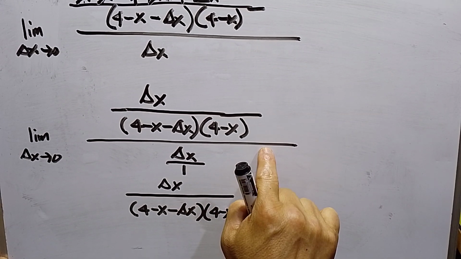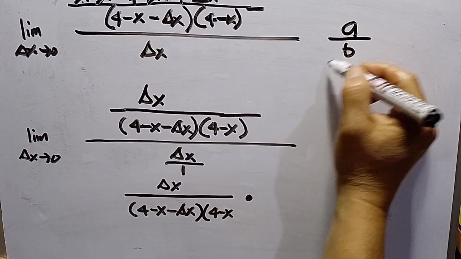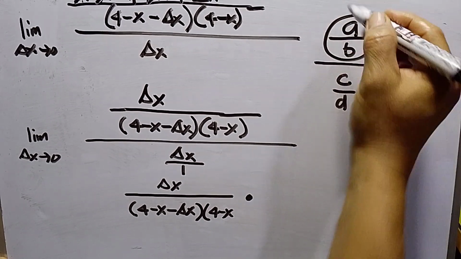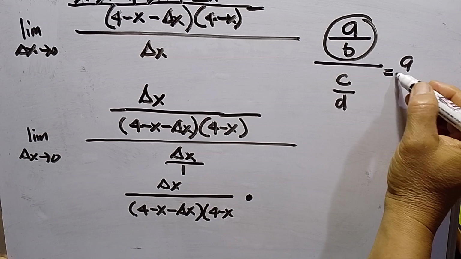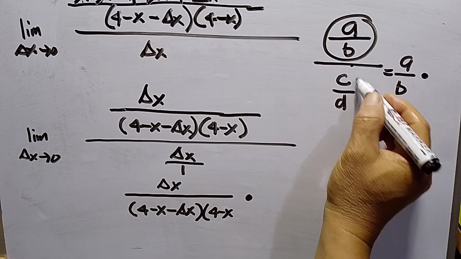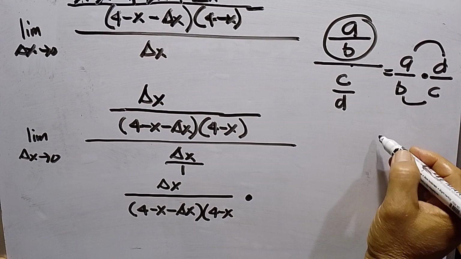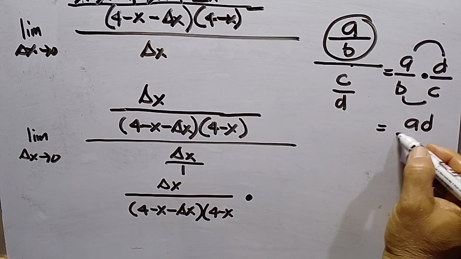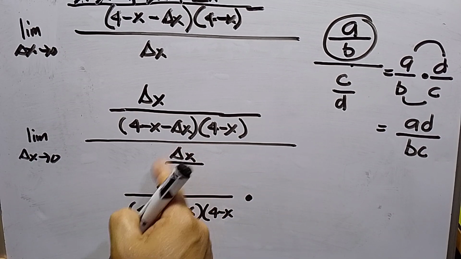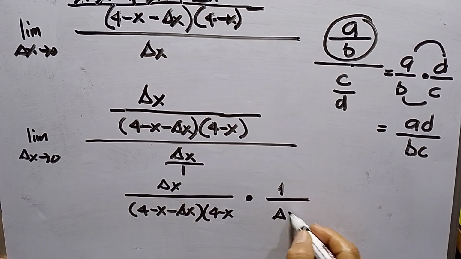Then this one will be changed to multiplication, just like a over b divided by c over d. I write the fraction in the numerator, a over b, then change the operation to multiplication, then upside down of c over d, that will be d over c, and then multiply numerators and denominators. So this will be ad over bc. Same with here, the reciprocal of delta x over 1 will be 1 over delta x.